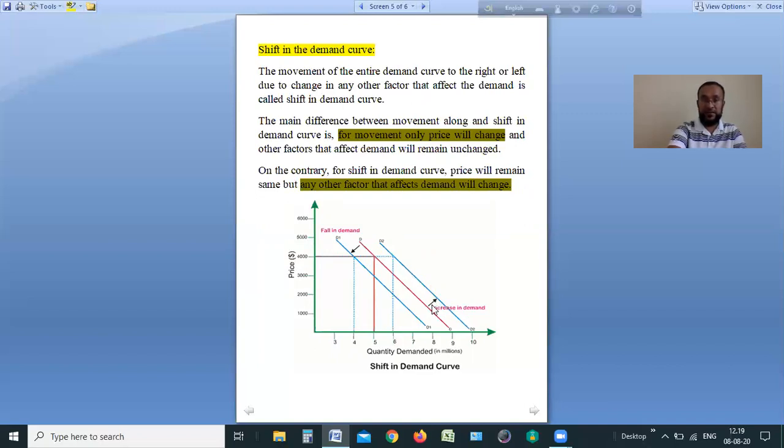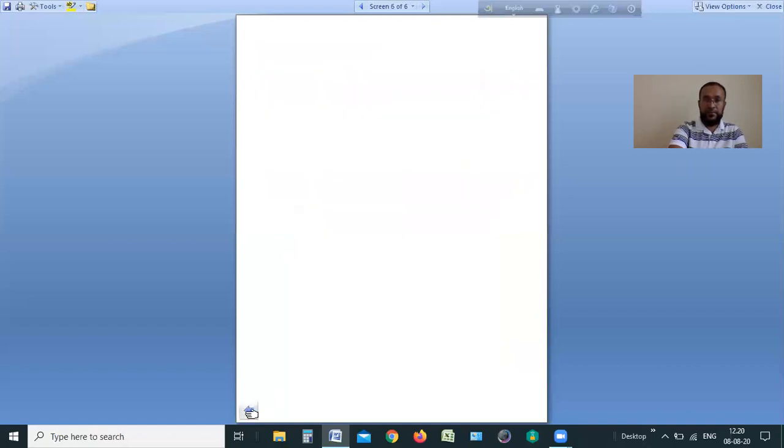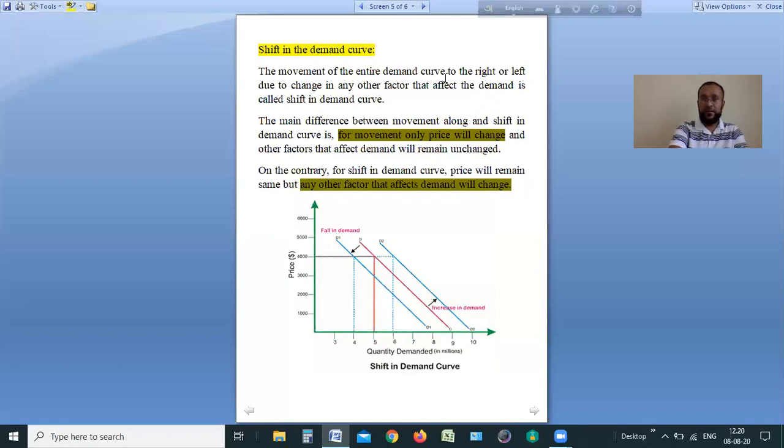Here demand increased due to increase in income, and here demand decreased due to decrease in income. So when price changes, there will be movement along the demand curve. The same demand curve will move up or down. But when price is same and any other factor changes, the entire demand curve will shift to right or left. We'll get a new demand curve. So this is the basic difference between shift in demand curve and movement along the demand curve.